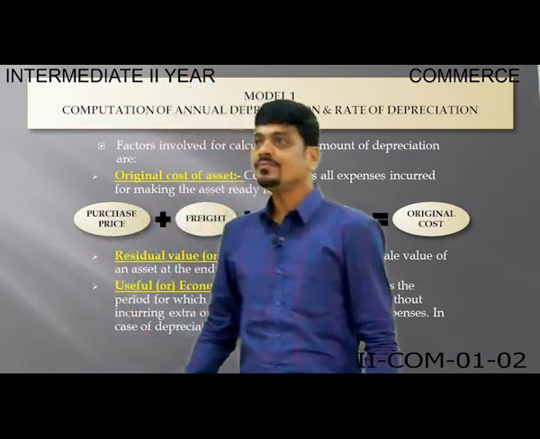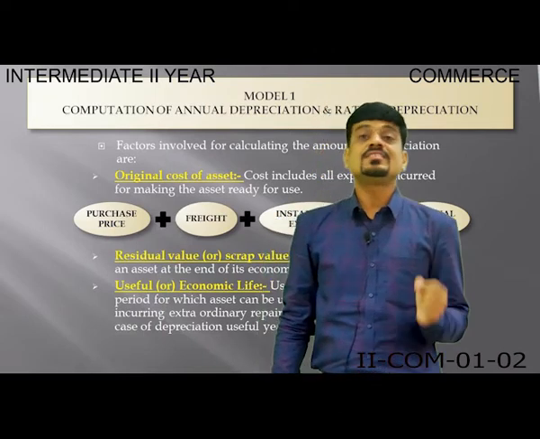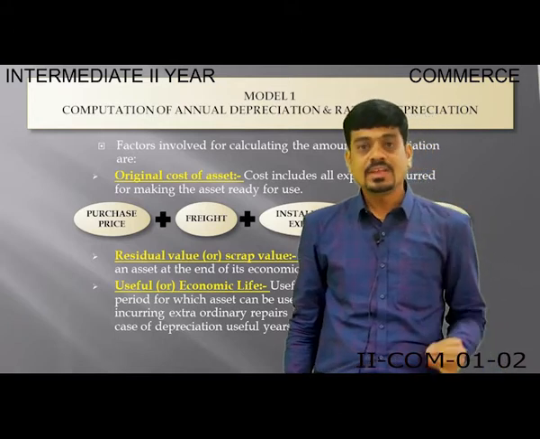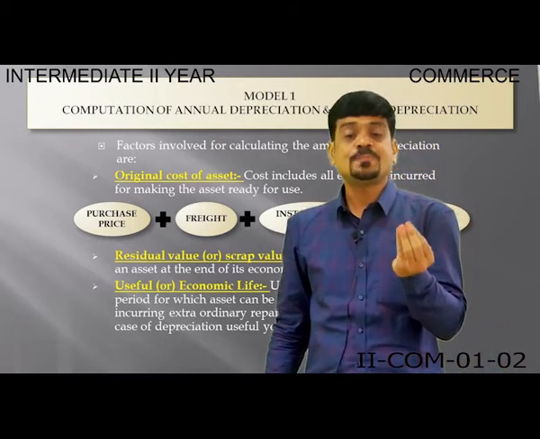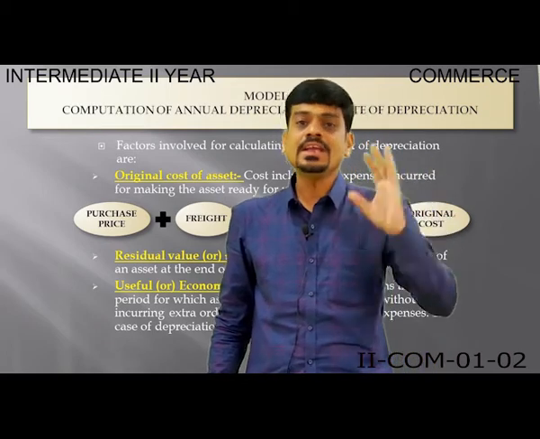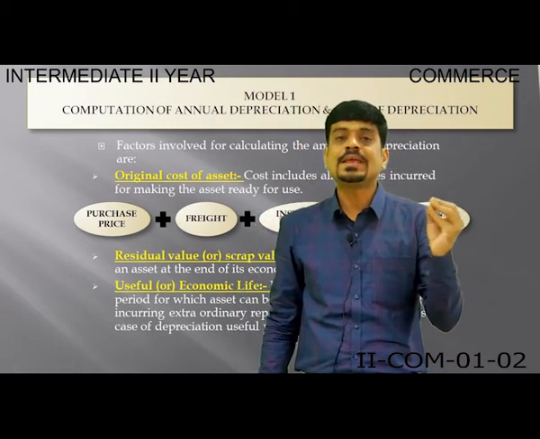The second factor which determines depreciation is the residual value, which we call scrap value. That is the amount we expect from the asset after it is completely used. Every asset has an expiry period.